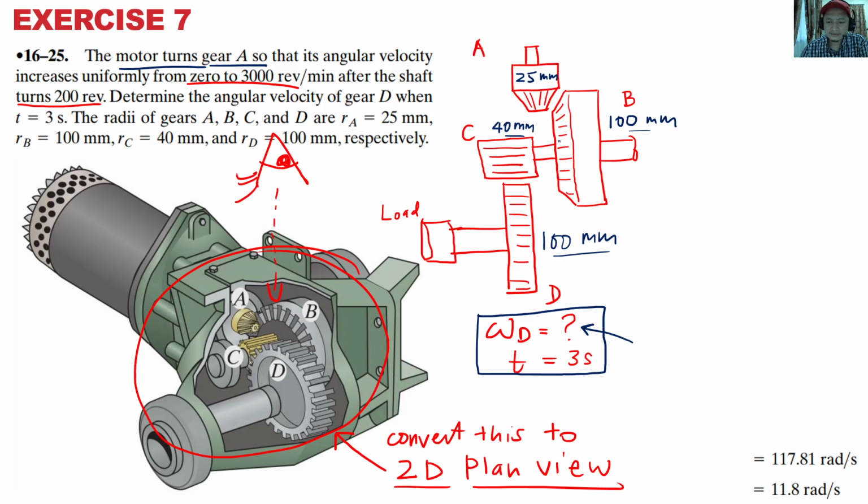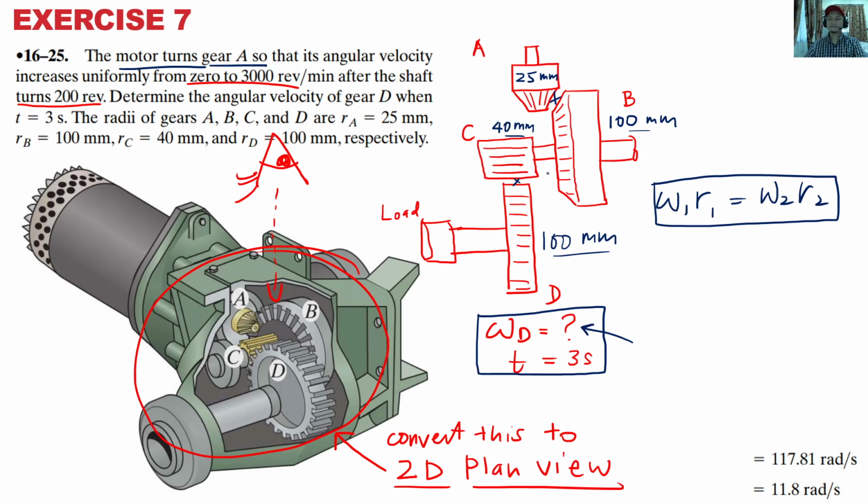This one looks like that one, looks the same. Remember, omega 1 R1 equals omega 2 R2. It is similar to that one. The only thing is you have to analyze here, jump, and then analyze on this shaft along, jump.